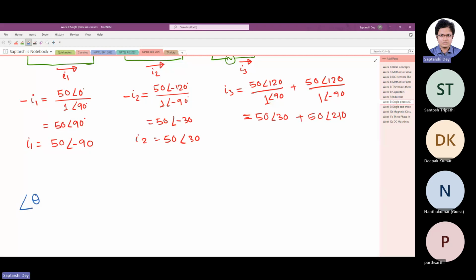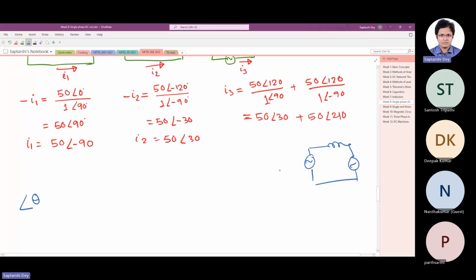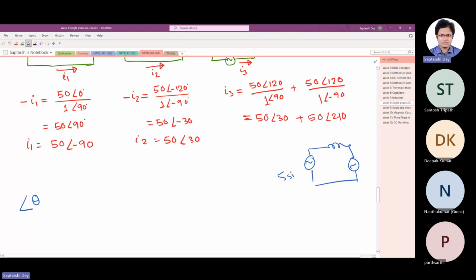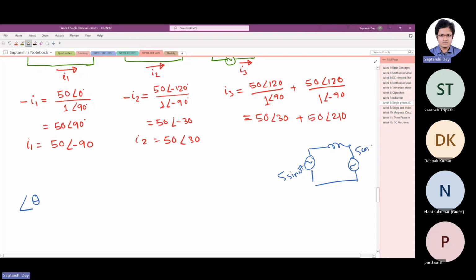What I mean to say is, if you have two voltage sources in a circuit, one of them 5 sine omega t, the other 5 cos omega t.